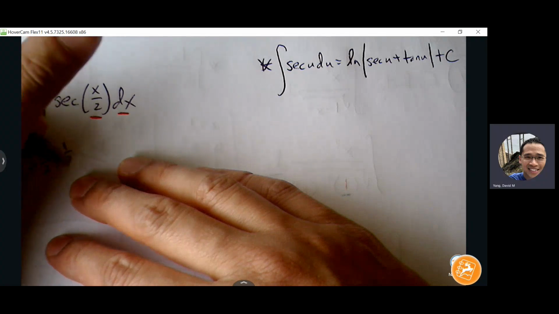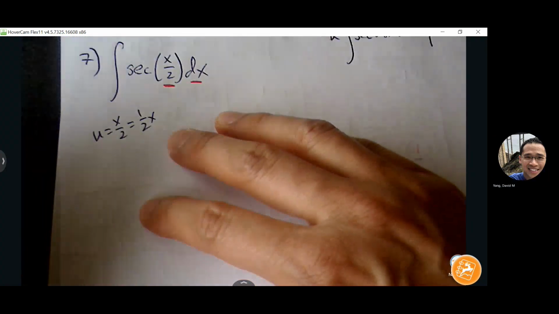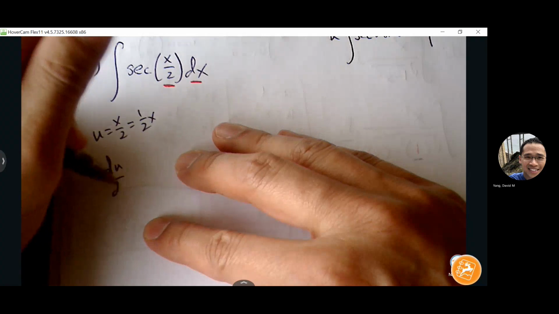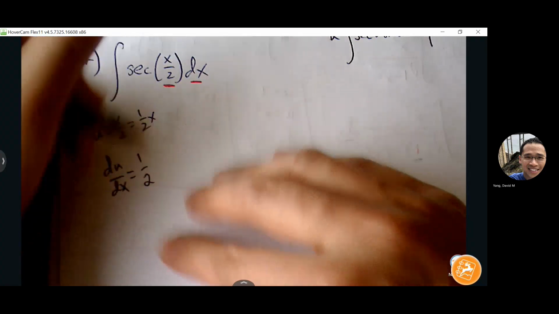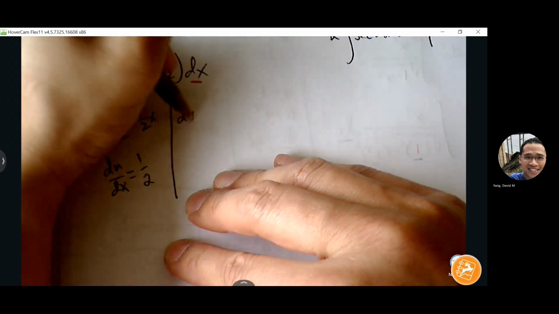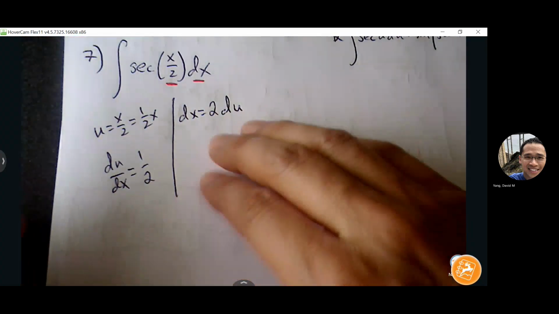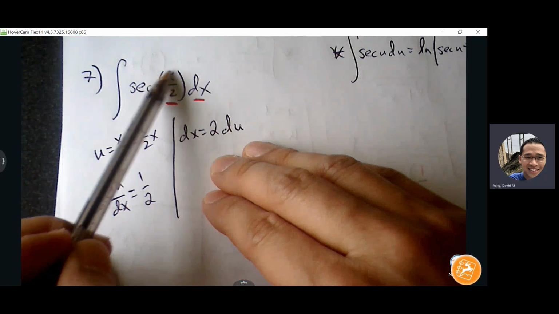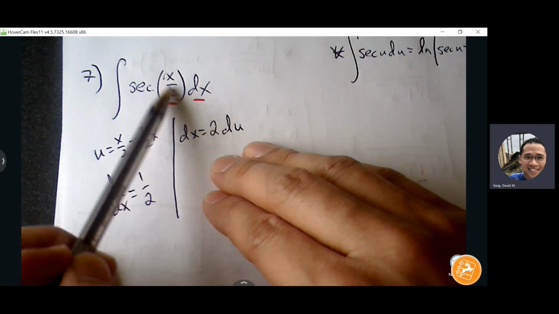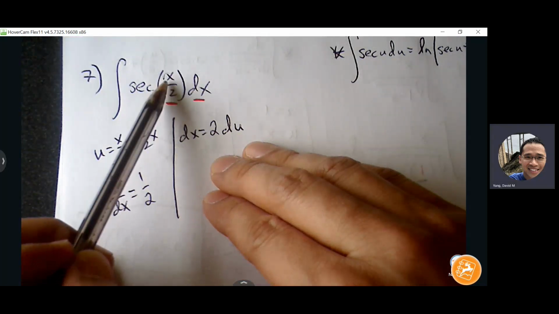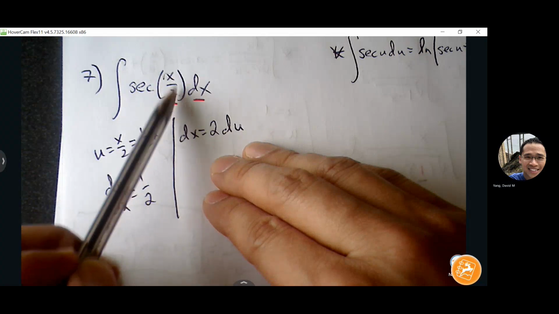Which is the same thing as 1/2 x. Can you guys predict, because this is a coefficient of 1/2, what's going to come out of it at the very end? A 2, yeah.